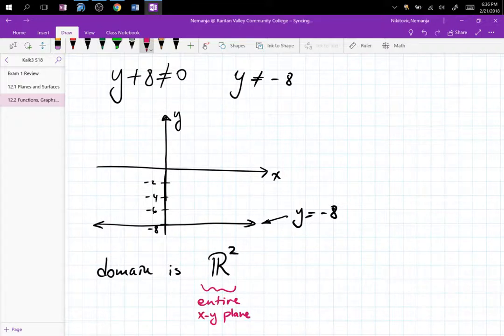Imagine this floor extending infinitely in all directions. That is going to be R squared. And then we are going to subtract the set of all points where y is not allowed to be negative 8. This is a set of points on that line. So we are excluding this line.